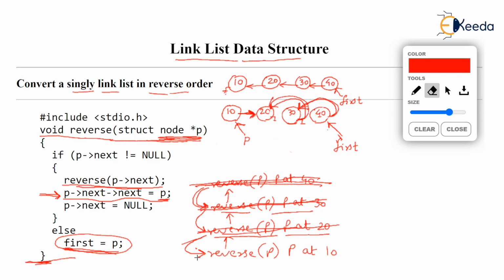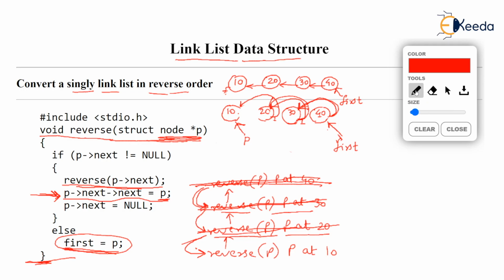So now, when we are back at reverse 10, where P is at 10, it will resume from the line P arrow next equal to P. You very well understand P arrow next is next of 20. And next of 20 is now pointing at 10, where P is pointing. And then the last line in the if is P arrow next equal to null. Check that P arrow next means 10's next, isn't it? And now 10's next is going to become null.